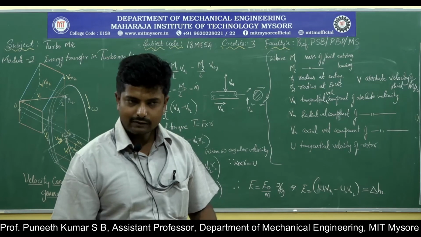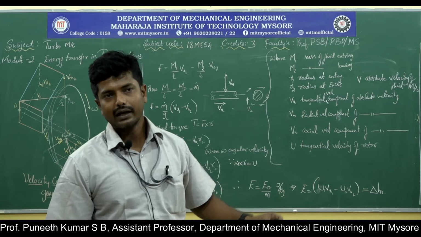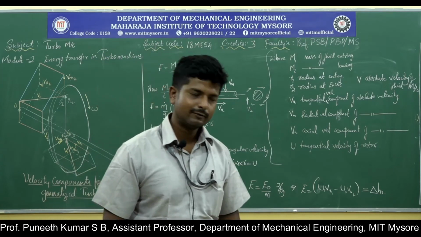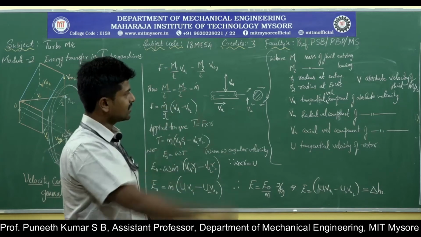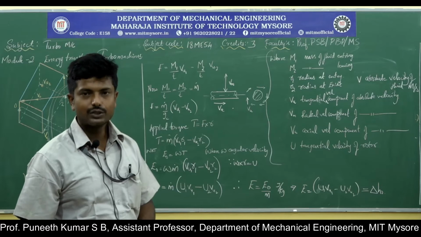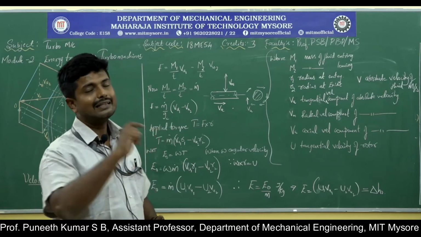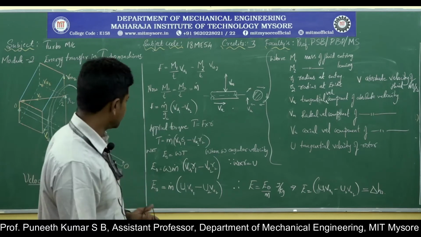Only if we are familiar with the notations can we easily get along with the subject in further classes. So I am repeating the nomenclature of the generalized turbo machine, which will be required till the end of the subject, not just the chapter.